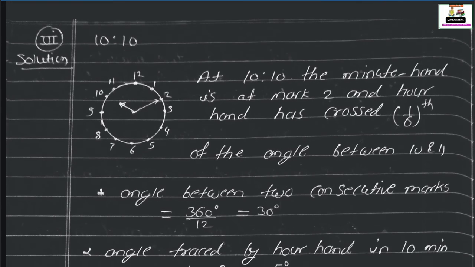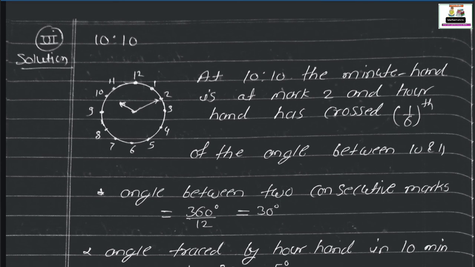And last is 10:10. This is very simple. Here see the solution. At 10:10 the minute hand is at mark 2 and the hour hand has crossed 1/6, meaning 10 divided by 60 we get 1/6, of the angle between 10 and 11.